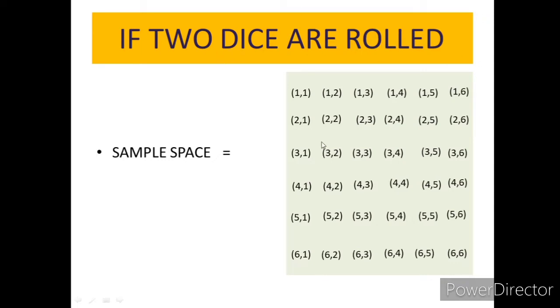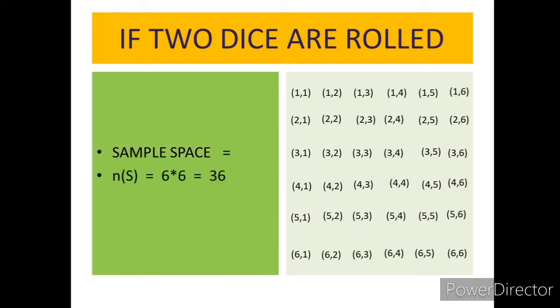So therefore, how many outcomes are there? Can you count it? Yes, it is nothing but 6 into 6, 36 outcomes. Therefore, if two dice are rolled, then n(S) is equal to 36. So whenever you find a problem on two dice, first of all you have to write down this table under sample space.